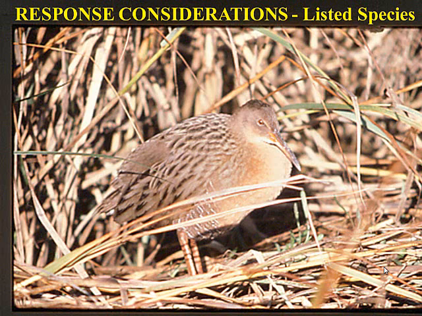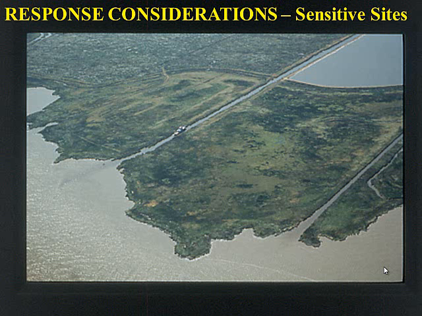Salt marsh is a difficult type of habitat to clean, and if you know the clapper rail are there, you might use extra precautions, such as putting down plywood to walk on when accessing areas, to minimize the damage to their habitat. Also, for sensitive sites such as this salt marsh, you would definitely want to put a high priority on keeping the oil out.